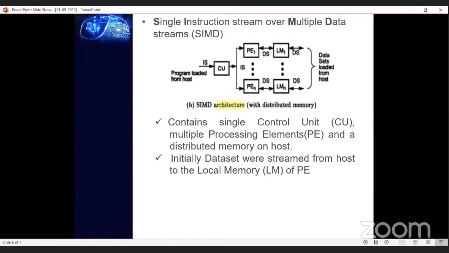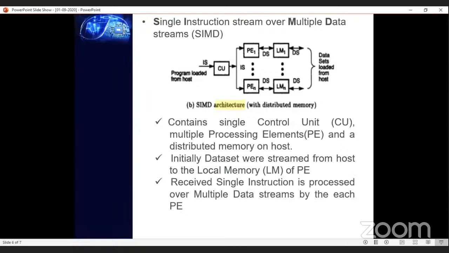During the processing, all the needed data sets are loaded on the local memory of each processing element. So initially, data sets are streamed from the host to the local memory of every processing element. As well, the control unit receives a single instruction from the host. You follow what I'm saying?